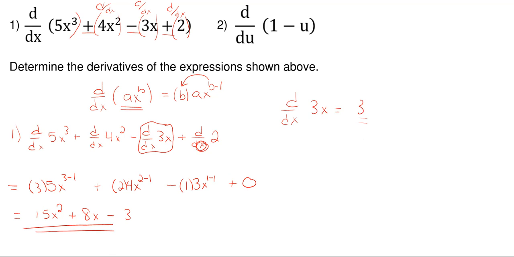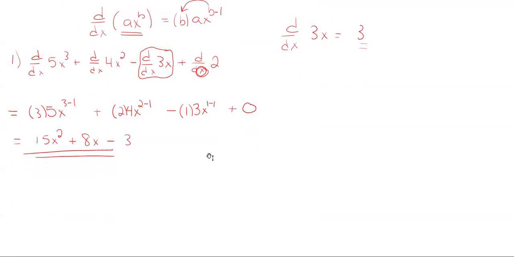So let's move on to the second expression of d du of 1 minus u. I'll just rewrite it right here since we can't see it up top. So the derivative with respect to u of the expression of 1 minus u. Once again, very similar process as the first one. We're going to take the derivative of each portion here with respect to u.